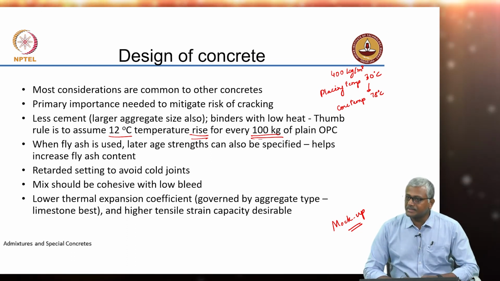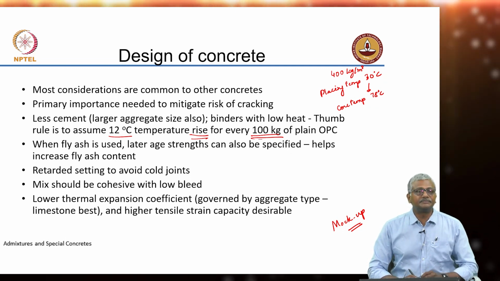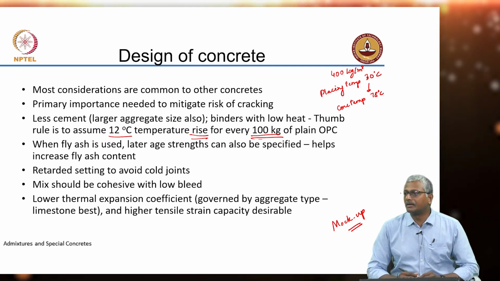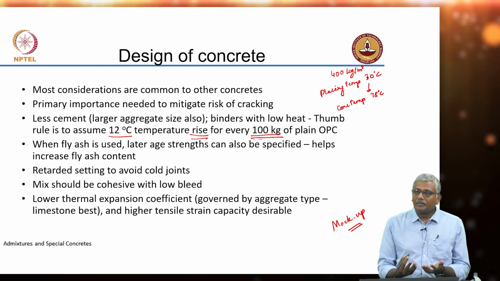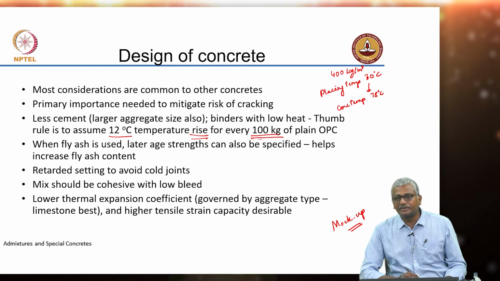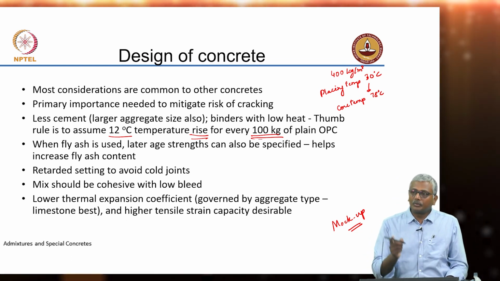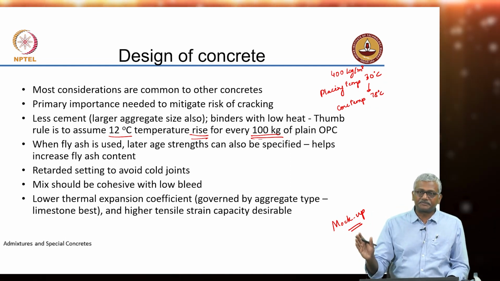Now in certain instances, your requirement of durability may trump the strength requirement. So let's say that your strength requirement is only M30, but for the purpose of durability, you may have to adopt a slightly higher grade of concrete. Now, that's again because we are always thinking in terms of OPC.